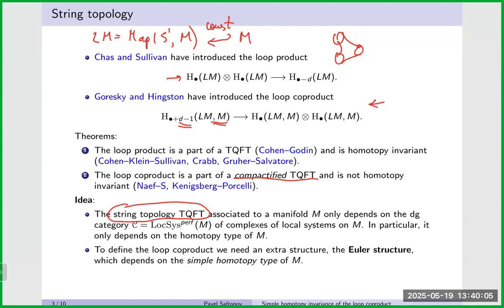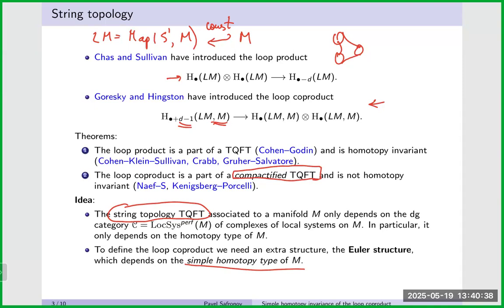But because this loop coproduct is not just an operation you see in TQFT, it's an operation you can see in compactified TQFT, you need extra structure. And this extra structure depends on what's called the simple homotopy type of the manifold. And so that's the extra bit that this loop coproduct will depend on. And then the transformation property will involve how this simple homotopy type changes. So my goal is to explain all of these notions.